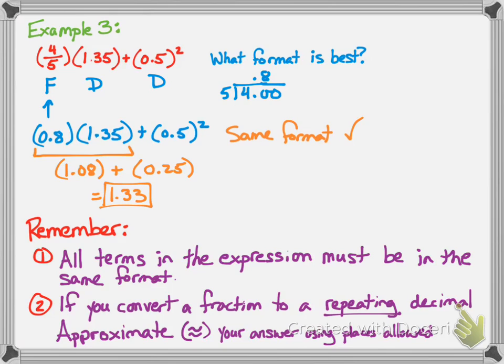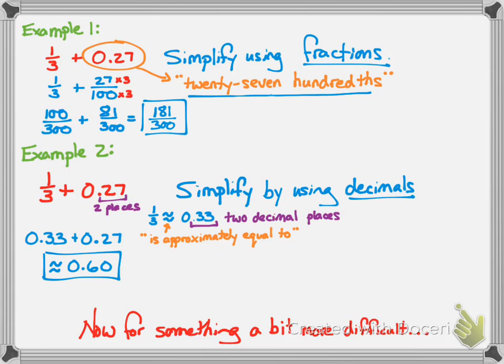And number two, if you convert a fraction to a repeating decimal, you need to use an approximation, and you need to approximate your answer using the decimal places allowed. If there are two decimals in the rest of the problem, like in example 2, then make sure you only use 2 decimals in your approximate value, like we did with 1/3. We said it was approximately 0.33. And then the answer to the entire algebraic expression, when simplified, is approximated as well.